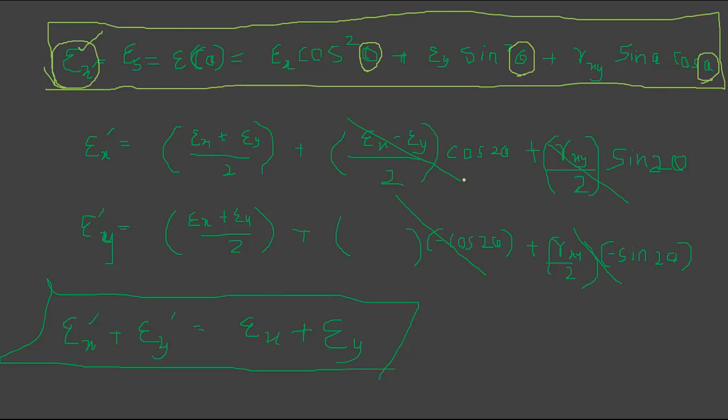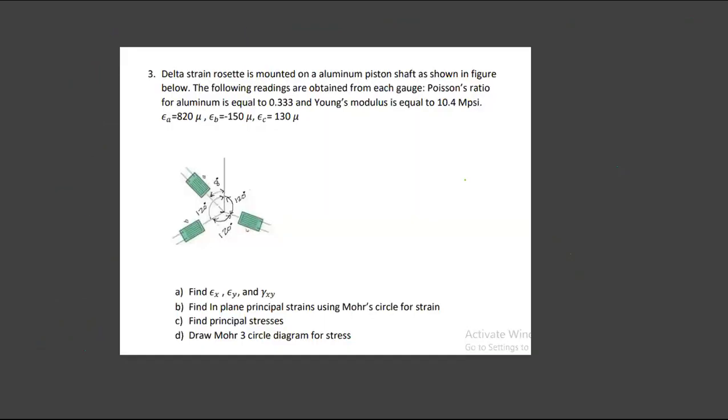So what we are going to do is, first we'll do an example like this. The example says: a delta strain rosette is mounted on an aluminum piston shaft in the figure below. The following readings are obtained from each gauge. Poisson's ratio is this, Young's modulus is this, epsilon naught A, B, C is this, right?